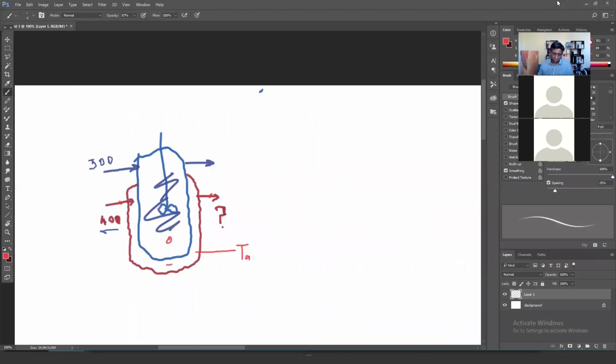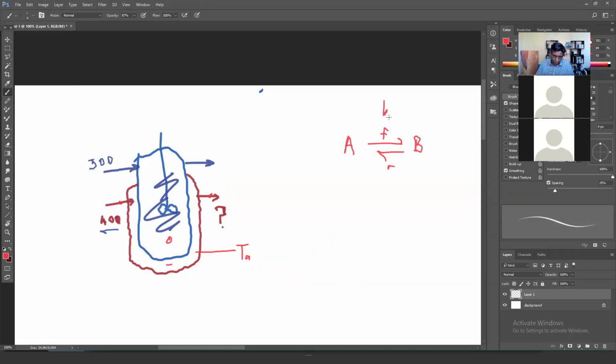So just to write it a bit differently, A and B. So the forward and the reverse reactions.